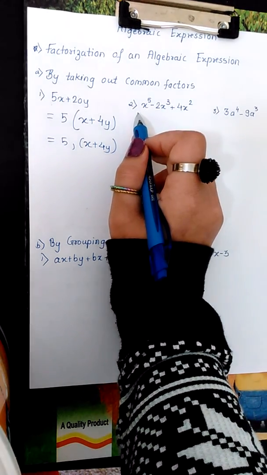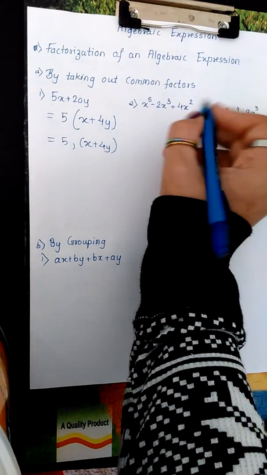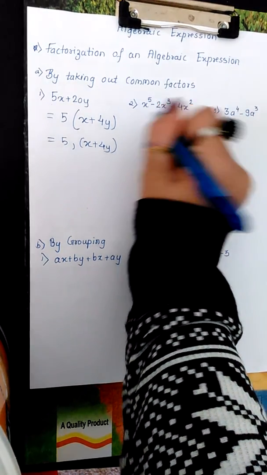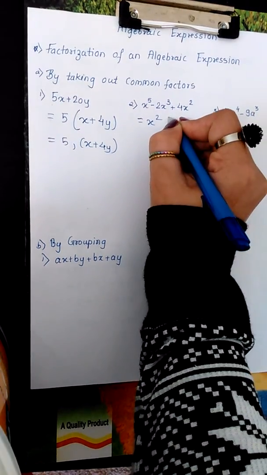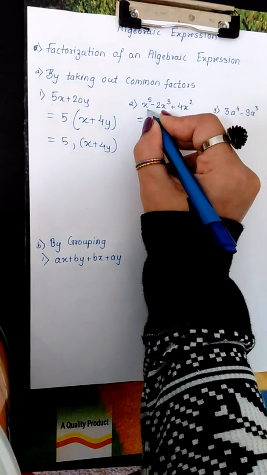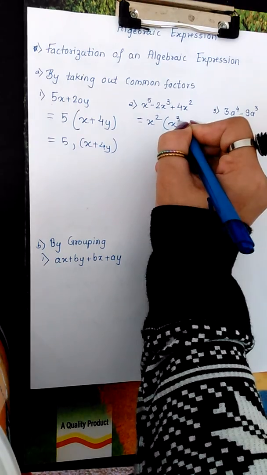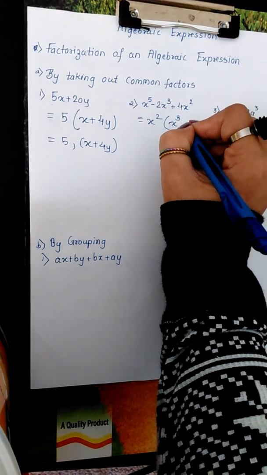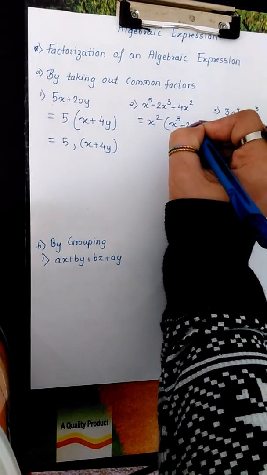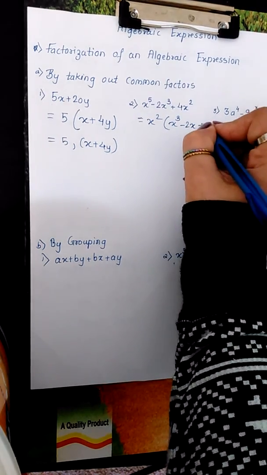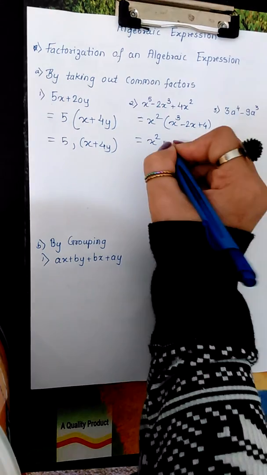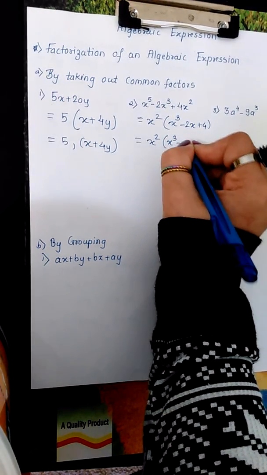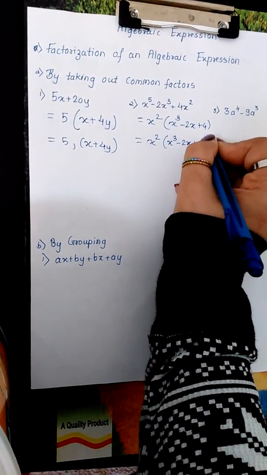Actually x raised to 2 will be a common factor in this whole expression, so it will be x square in bracket x raised to 3 minus 2x plus 4. So the factors will be x square and x cube minus 2x plus 4.